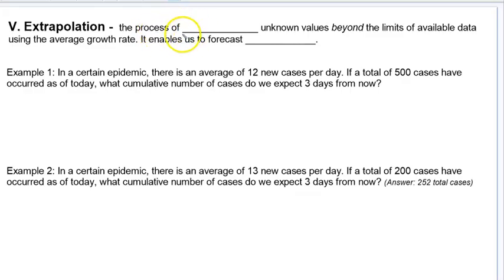It's similar in that we still use the average growth rate, but instead of finding information between 2 given data points, we are going to go beyond, which is going to enable us to forecast a little bit. So the process of estimating unknown values beyond the limits of available data using the average growth rate, just like interpolation. But this is going to enable us to forecast trends.